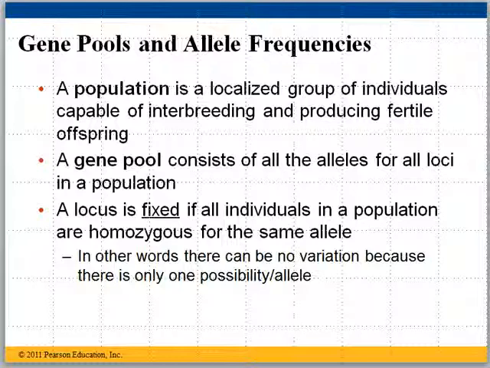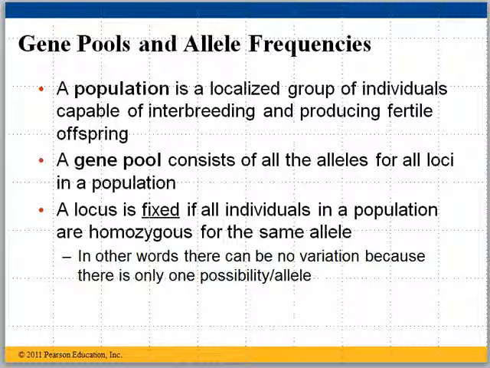This population is going to have what we call a gene pool, and the gene pool consists of all the alleles for all the loci in a population. Whereas last semester when we talked about genetics, we talked about just two parents and a Punnett square, and we were crossing those two parents and only looking at that particular cross. Well, in this chapter we are pretty much going to dump all of the alleles in one big bucket.